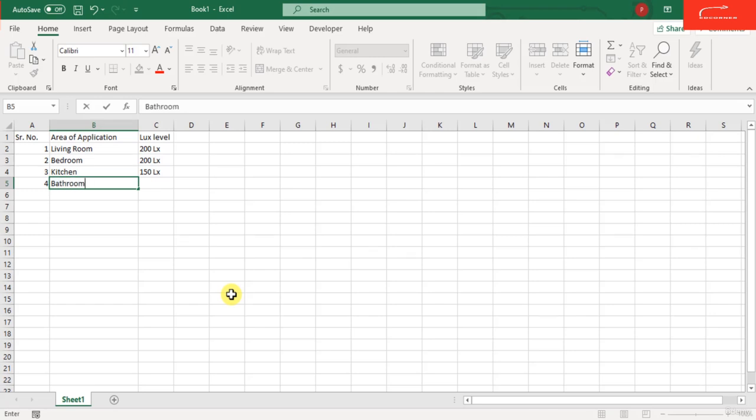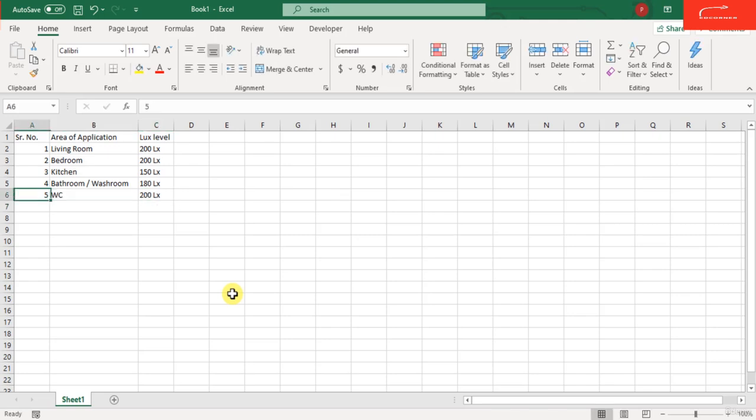The bathroom or washroom requires 180 LX. And the WC area requires 200 LX. So these are the different lux levels required for the same typical flat.